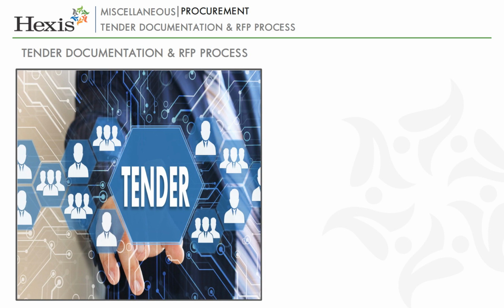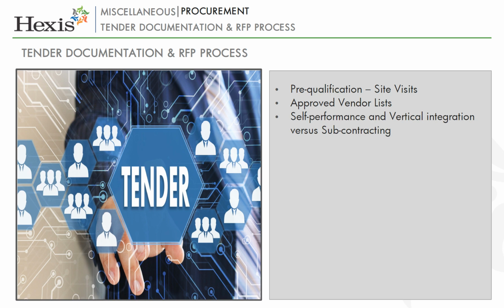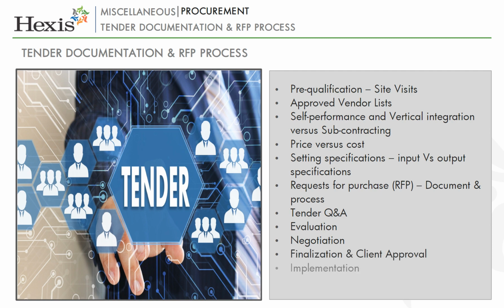Let us study the documentation required for tenders. Pre-qualification, site visits, approved vendor lists, self-performance and vertical integration versus subcontracting, price versus cost, setting specifications, input versus output specifications, request for proposal (RFP) document and process, tender question and answer, evaluation, negotiation, finalization and client approval, implementation, contract finalization.